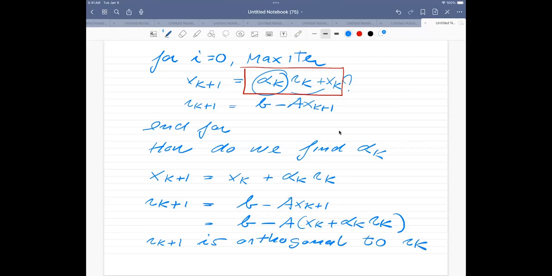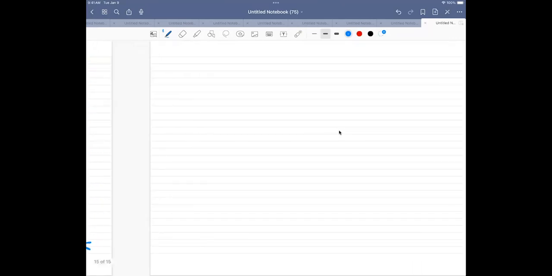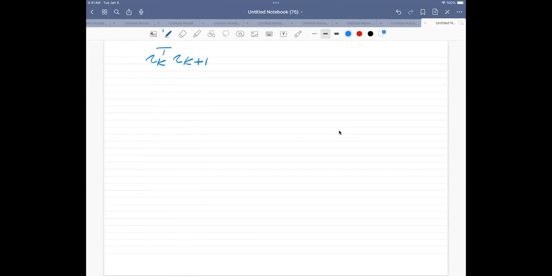So if I multiply with r of k transposed on the right-hand side, then I'm going to get the following. If I multiply with r of k plus 1, we get that one equal to 0.